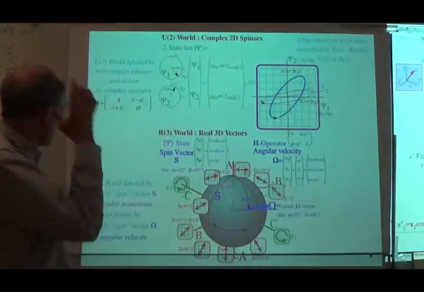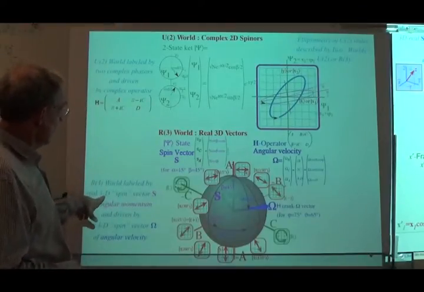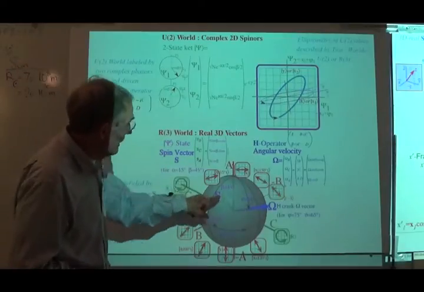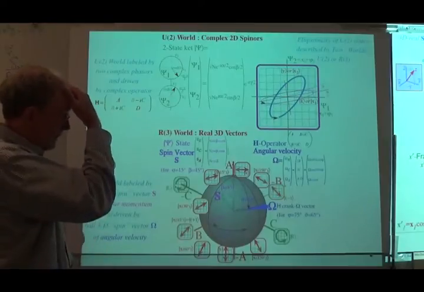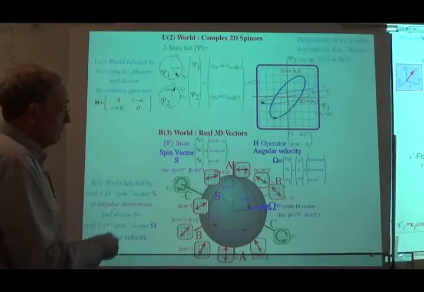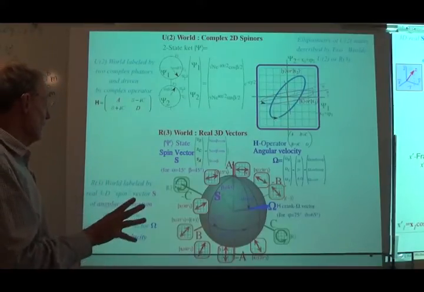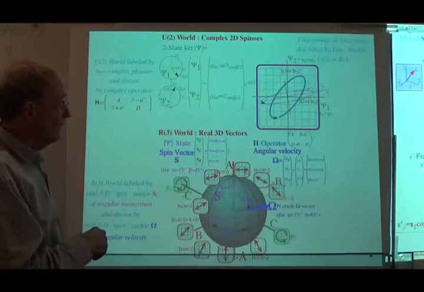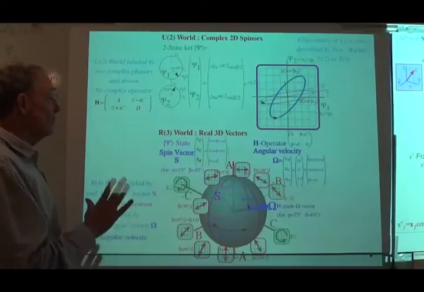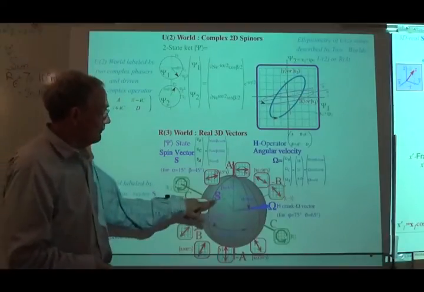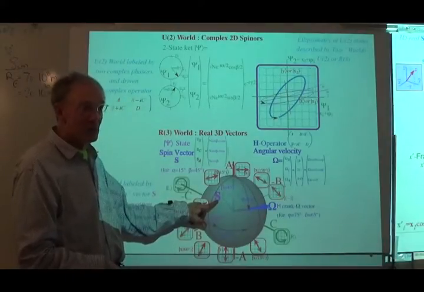All right, so the real point, I guess, is that the R3 world is labeled by 3D spin vectors, this guy, okay? And their angular momentum, if you were thinking about the spin vector of the electron, which was the second thing to be looked at by physicists, and this is in the 1920s to 30s, long time after Stokes, who really deserves to have the S, because he's 1863 with a theory of polarization.